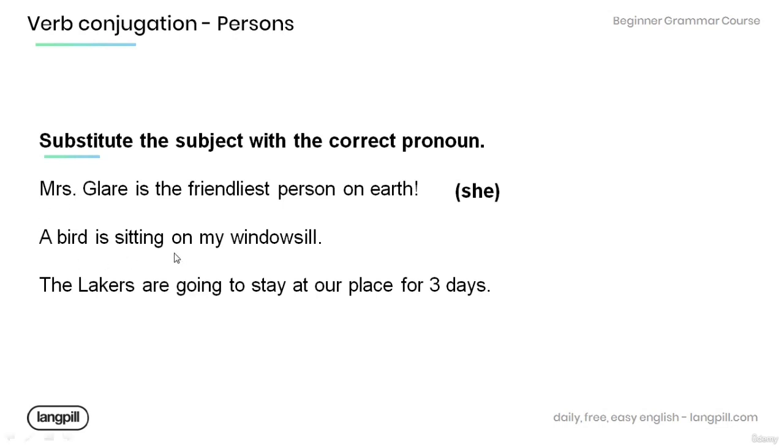A bird is sitting on my windowsill. It is sitting on my windowsill. The Lakers are going to stay at our place for 3 days. They are going to stay at our place for 3 days.